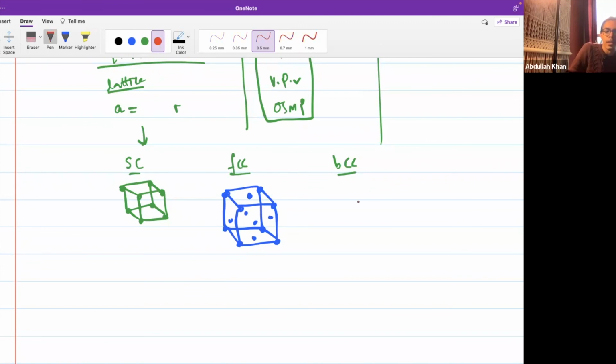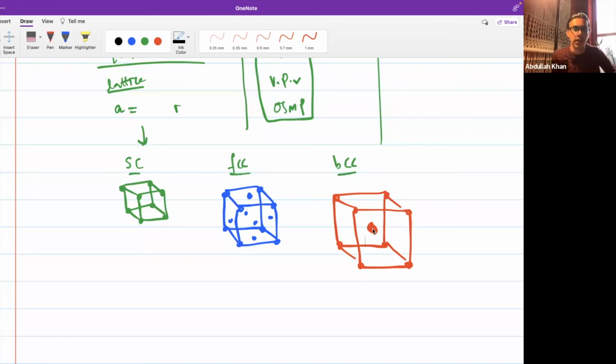And then lastly, in BCC, you have the same stuff as before: eight corners in addition to a body center. So 1 in the body center.